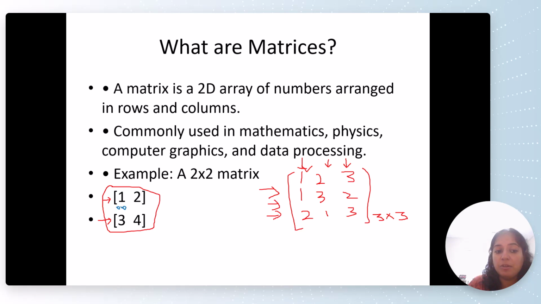The index of element 2 will be 0, 1, 0th row, first column. The index of element 3 will be 1, 0, that is first row, 0th column, and the index of element 4 will be 1, 1, row 1, column 1.